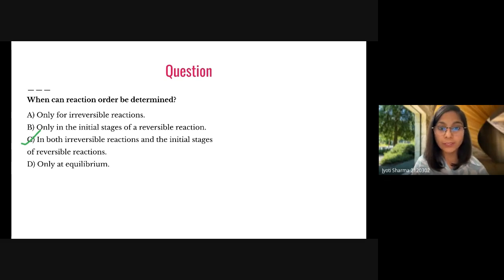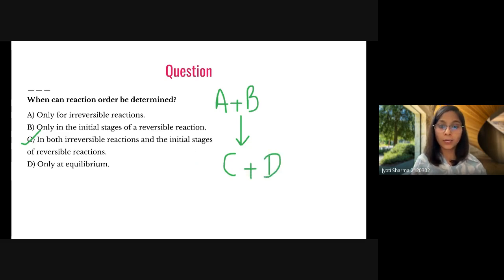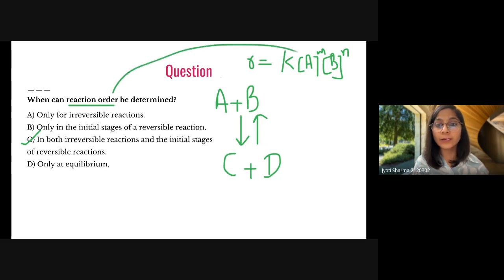For example, you have A and B, and this is giving you, let's say, C and D. Then, if it is reversible, C and D can also give rise to A plus B. The reaction rate equation is rate = k[A]^m[B]^n, and the question is, how can we calculate this m and n?